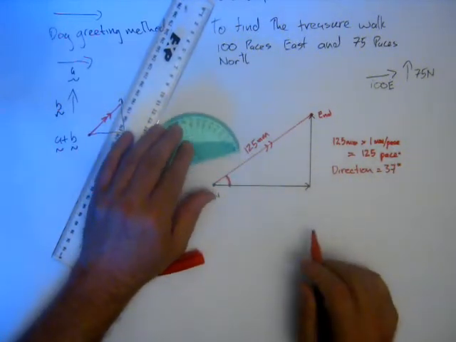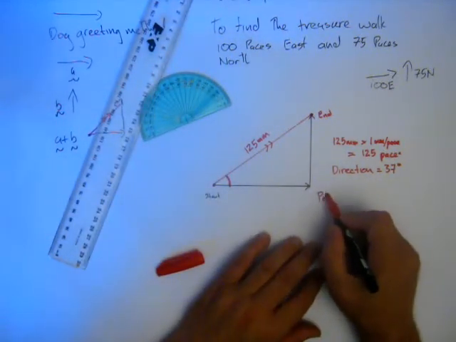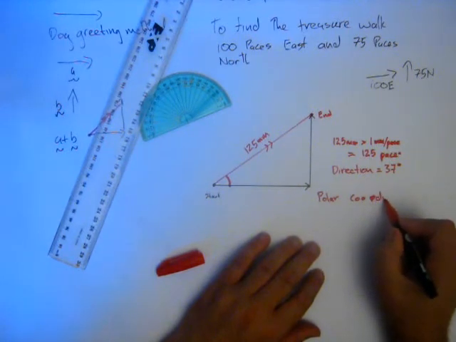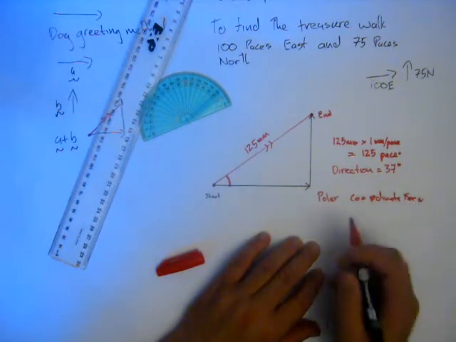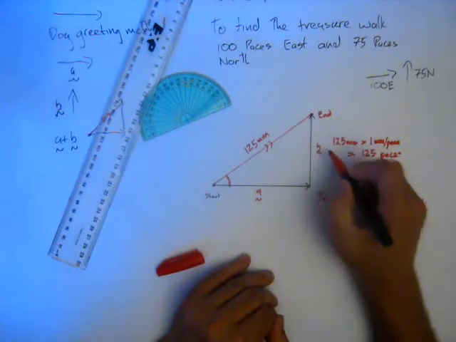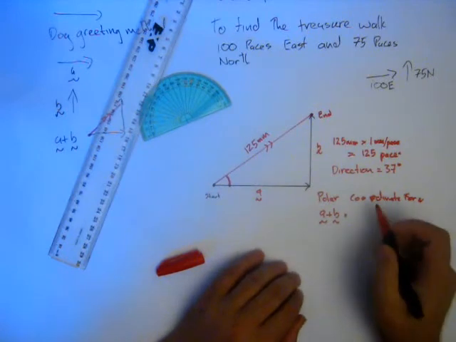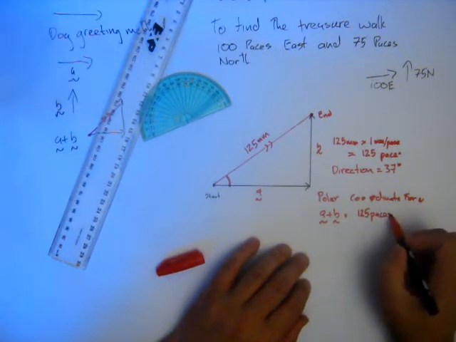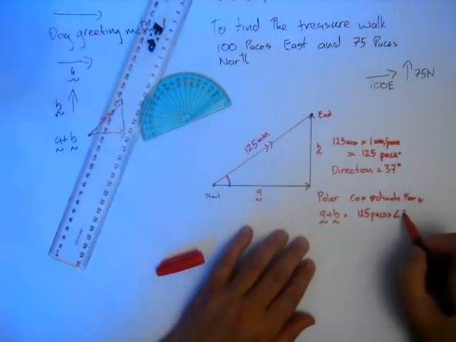So I can write this in polar coordinate form. This is A, this is B. A plus B equals 125 paces at the angle of 37 degrees.